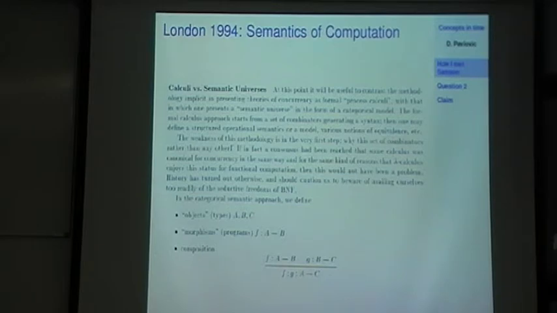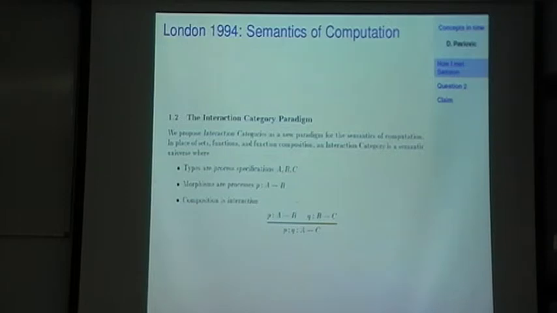And here Samson, in this paper with Raja and Simon, is contrasting the two approaches and proposing that the categorical structure, which consists of course of objects and morphisms and composition, should be used, not just used to capture process specifications as objects and processes as morphisms and interaction as composition, but actually, if you look here, the other way around: we can interpret a category as the thing where the objects are giving us some sort of specifications and morphisms are capturing some sort of processes with or without effects, and composition is interaction.